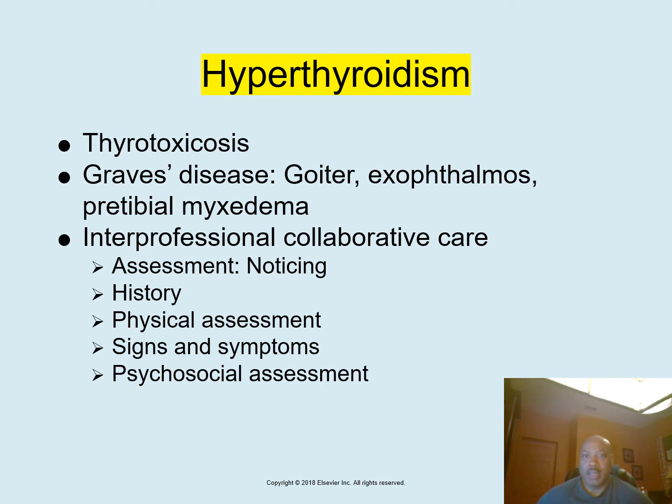I'm sorry, let me go back. So basically, when I talked about the toxic multinodular goiter, with this one, you won't see the myxedema. That's why I wrote that. You won't see the myxedema, and you won't see the protrusion of the eyes or the exophthalmos in this particular condition, the multinodular goiter.